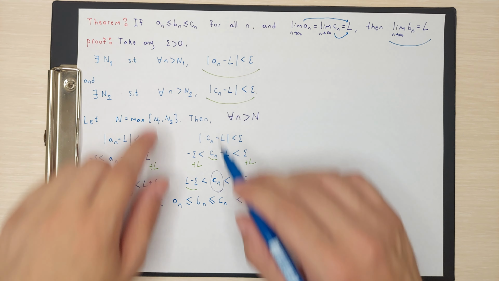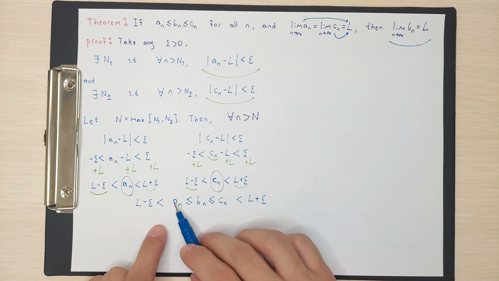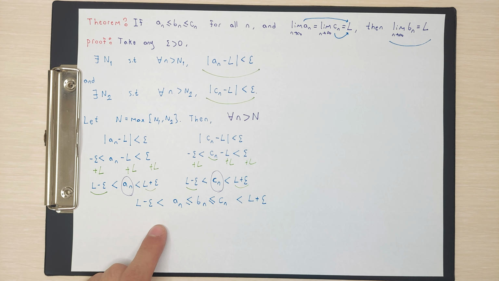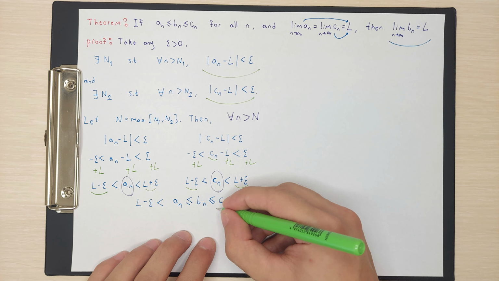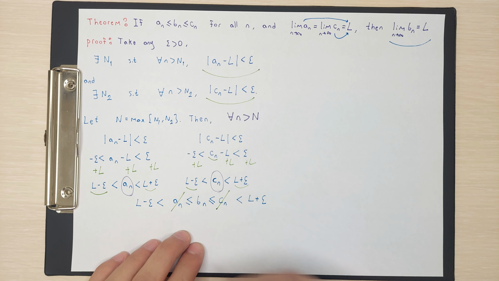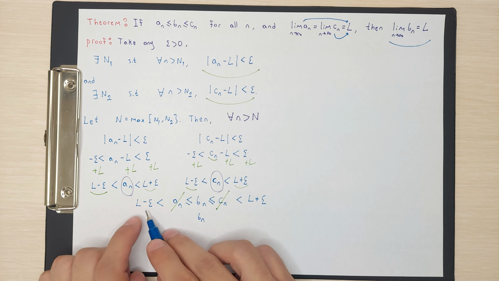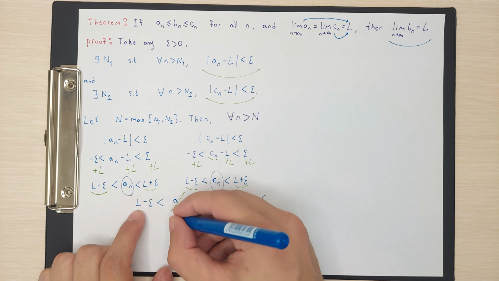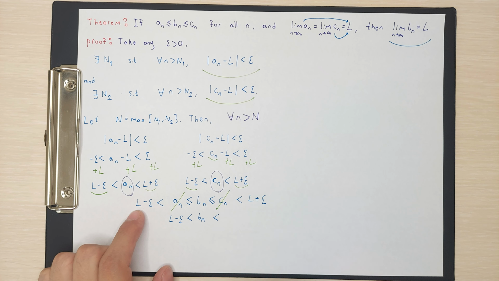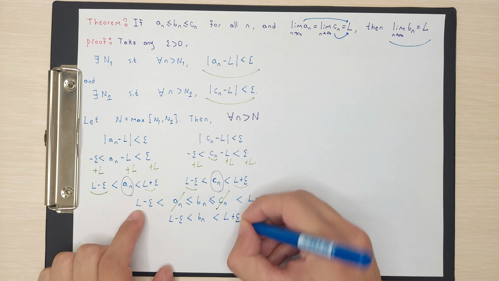Because that was the assumption for all values. I have those inequalities. Now I want to say that do not consider an and cn. Just consider bn. bn is between L minus epsilon and L plus epsilon, right?